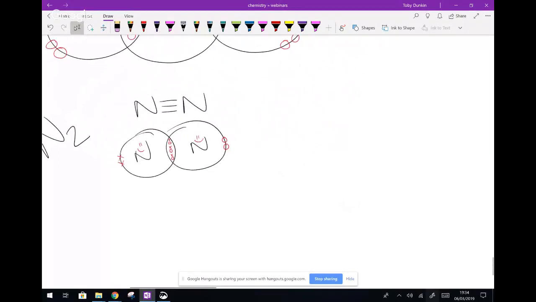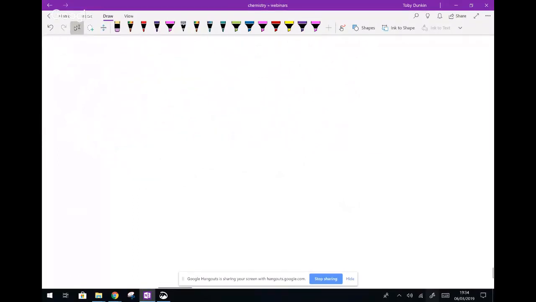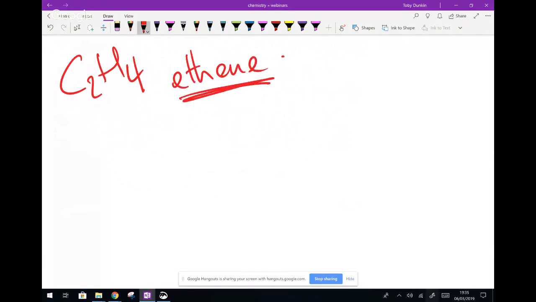So, okay, let's go to another really interesting example. Let's go for ethene. Notice this is not ethane. This is ethene. What that means is we have a covalent double bond between the carbons. Let's turn it into a stick.